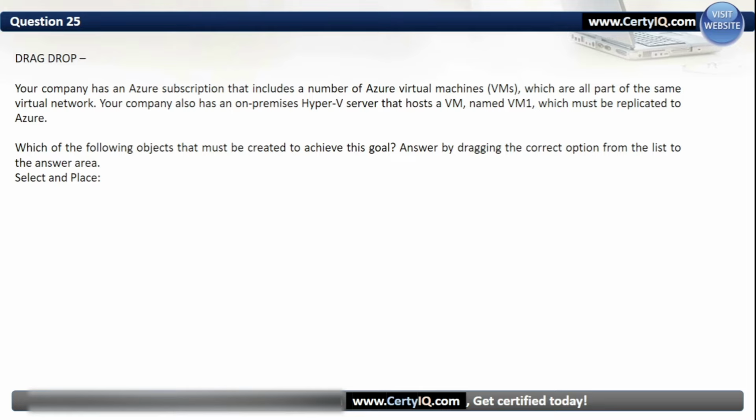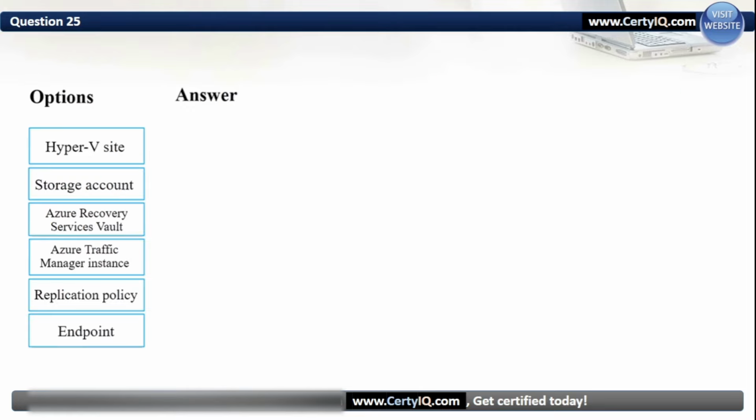Select and place. The options provided to us are Hyper-V site, storage account, Azure Recovery Services Vault, Azure Traffic Manager instance, replication policy, and endpoint. Among all these options, the correct options are Hyper-V site, Azure Recovery Services Vault, and replication policy.